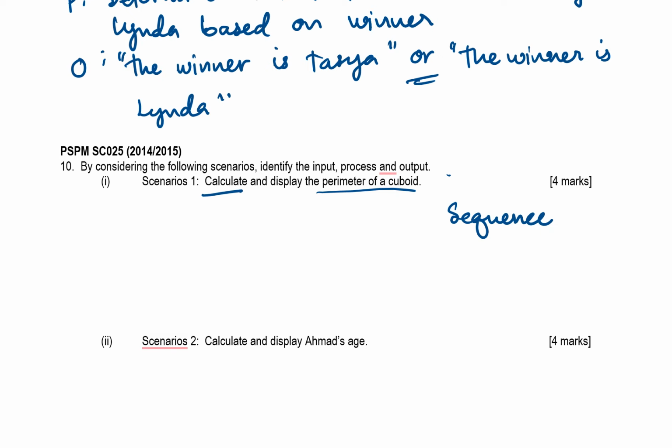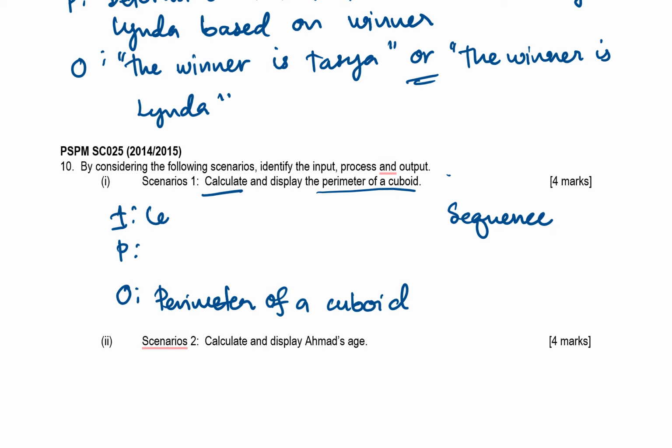Okay, now input, process and output. What are you going to get? The output is perimeter. We are going to get the perimeter of a cuboid. Now what is the input? To calculate the perimeter of a cuboid, what do you need to enter?